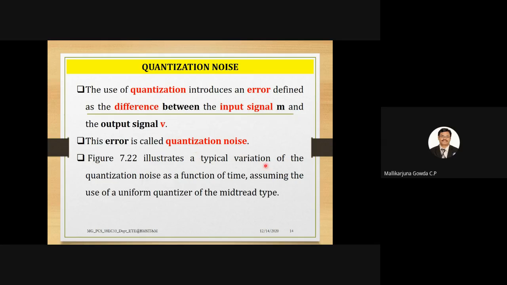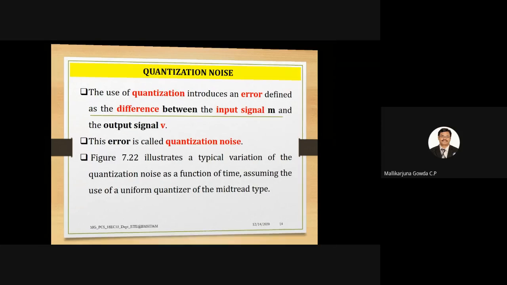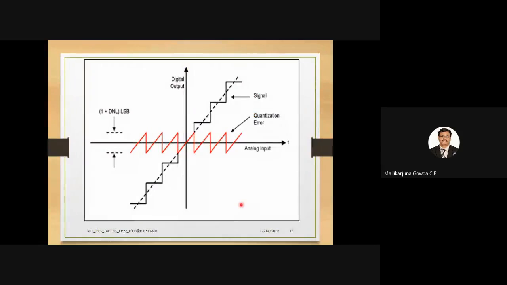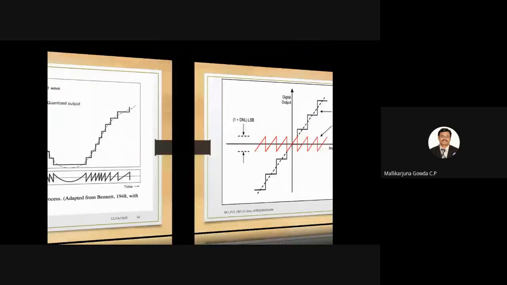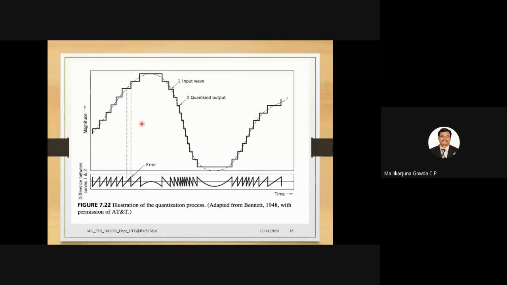In the next-to-next slide, I have shown this variation of quantization noise as a function of time by assuming the mid-tread type. This is a different slide I have shown for better understanding. This is my input signal, the dashed one, and this staircase waveform is my quantizer signal.